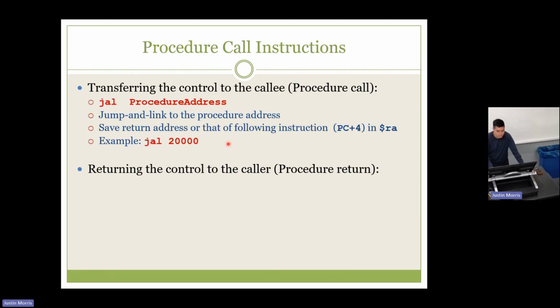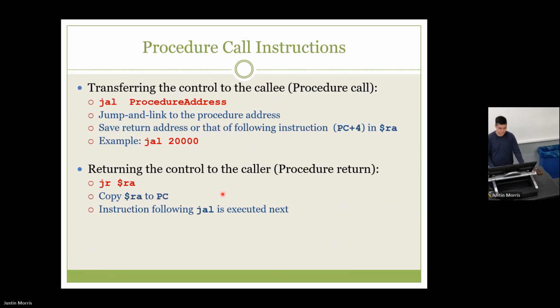And then for returning the control to the caller, we use jump register. And we already have the address of where we need to go back in the RA register. And it's just copying that address into PC. So basically, when you want to call a procedure, you have jump and link, and then the instruction right after is what you would be returning to when you finish the procedure call.